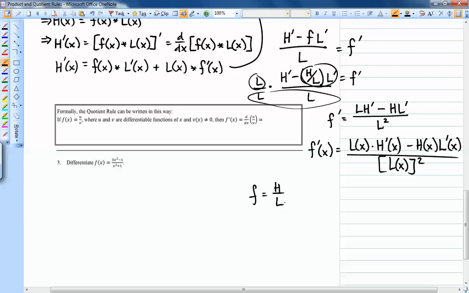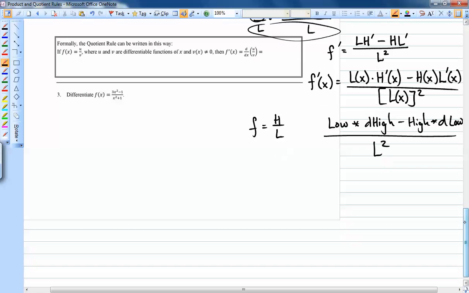Now there's a little rhyme to help you remember it. If you have f equals a high over a low, then what this says is it's low times the derivative of the high, so times d high, minus high times the derivative of the low, all over low squared.